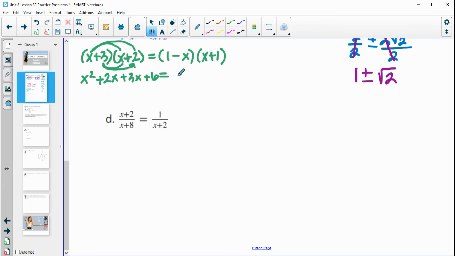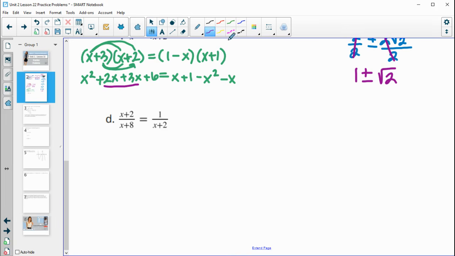On this side, we'll multiply 1 times x, which is x, and 1 times 1, which is 1. Negative x times x is negative x squared. And negative x times 1 is negative x. So now we can simplify by combining like terms on each side.